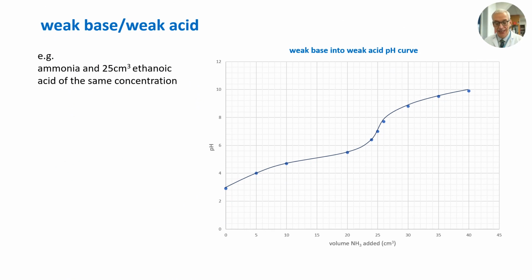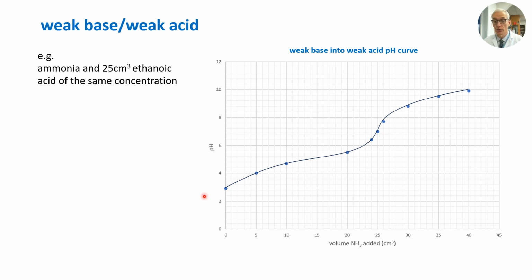And finally, we'll move on to a weak base into a weak acid. What's distinctive of this is that you will immediately notice there is no vertical section to the pH change curve.